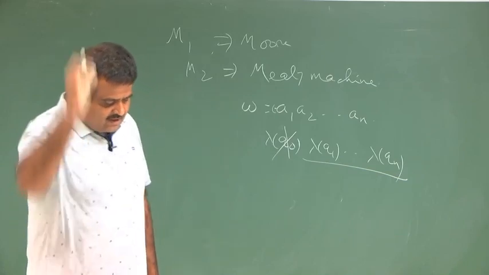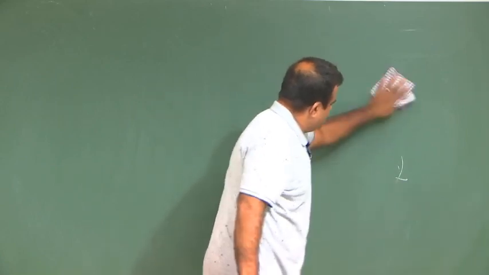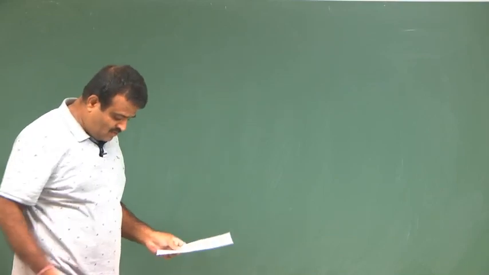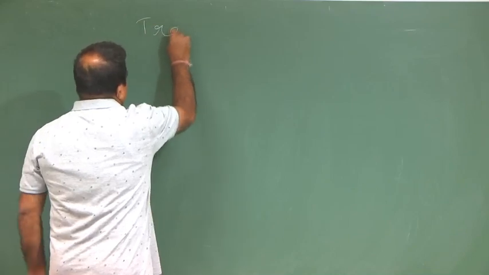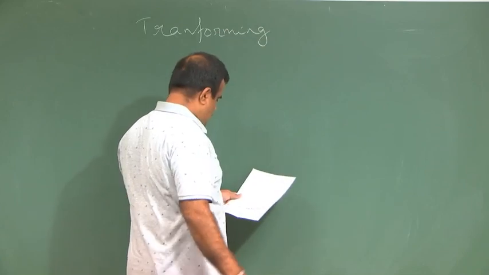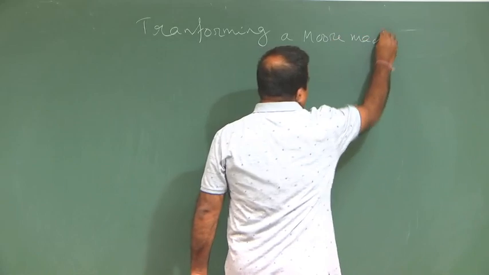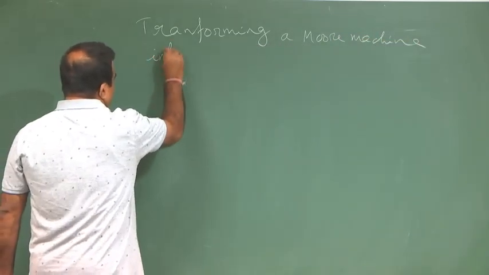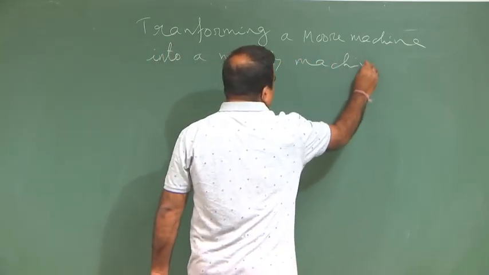So, let us do that. Let us take a transformation from the Moore machine to a Mealy machine. Given a Moore machine, how can we get a Mealy machine, so that we can say they are equivalent? So, transforming a Moore machine into a Mealy machine.